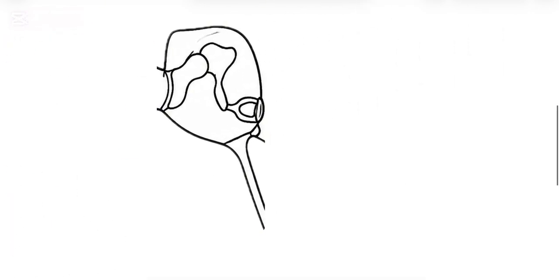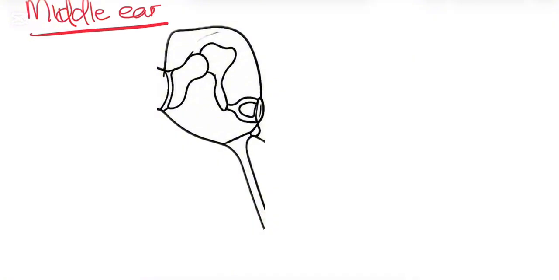Right. So now let's talk about the middle ear. The middle ear, as you can see, starts from that part, the one that we were saying is a transparent membrane, which is known as the tympanic membrane, and then from there it is connected, as you can see, to three bones.